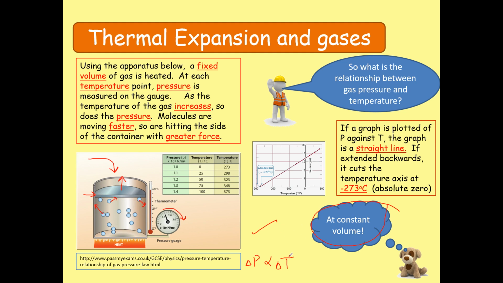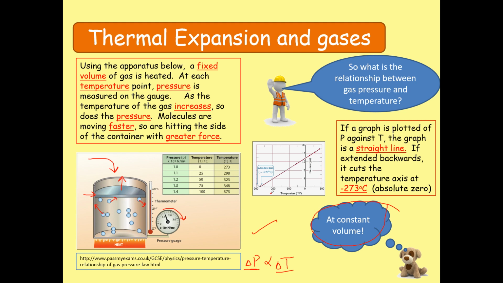So remember, pressure and temperature are directly proportional only when the volume is fixed, right? So we need to fix the top lid of this cylinder in which we have contained the gas.